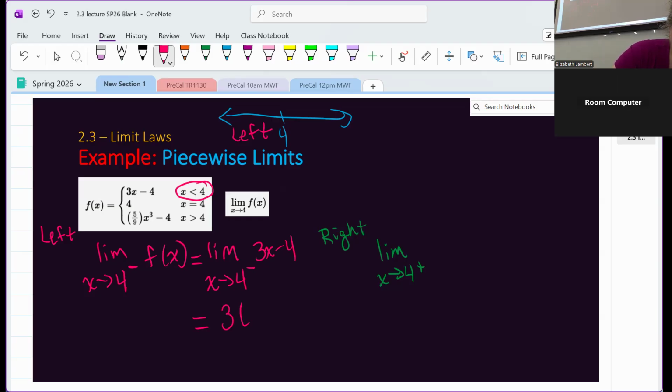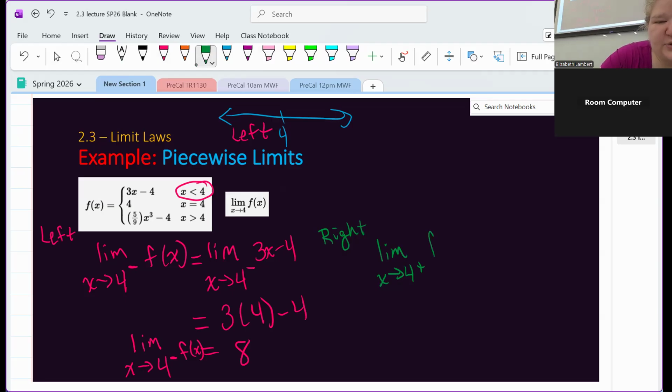So this will be 3 times 4 minus 4. 12 minus 4 is 8. So my limit as x approaches 4 from the left of f of x equals 8.